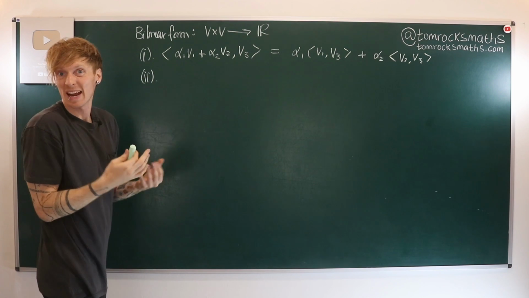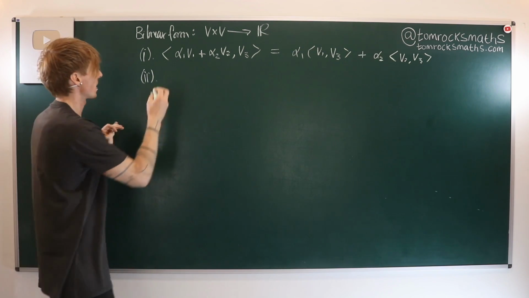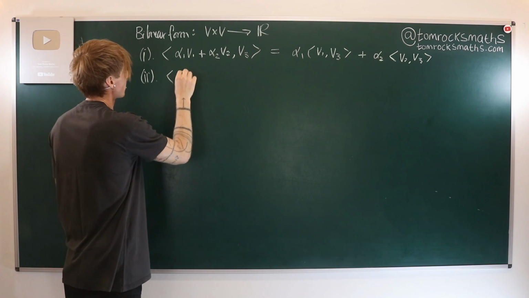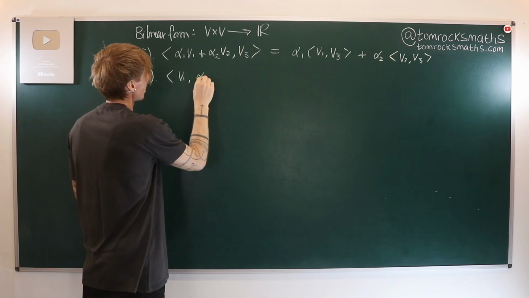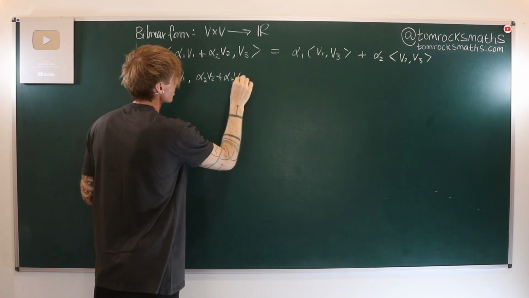Very similar, but now we want linearity in the second position. So here we might have something like v1, comma, alpha 2 v2 plus alpha 3 v3.